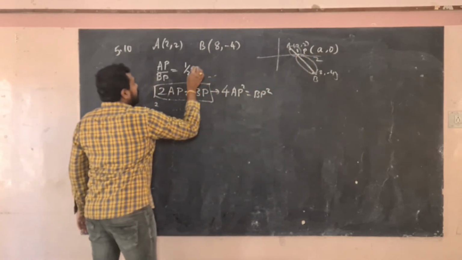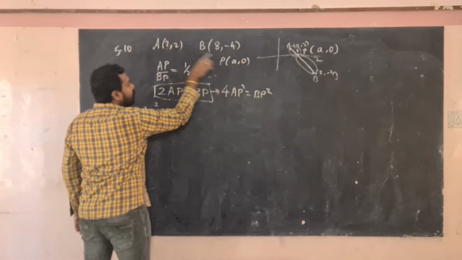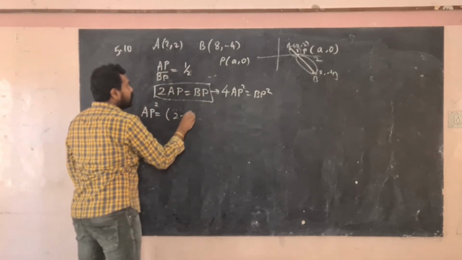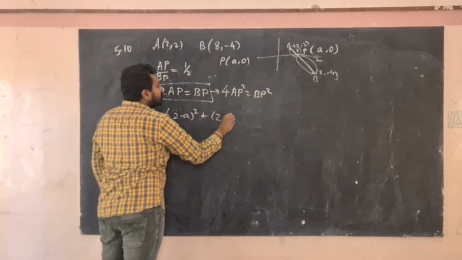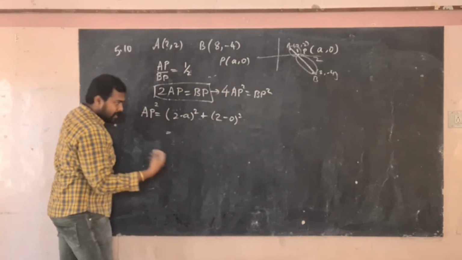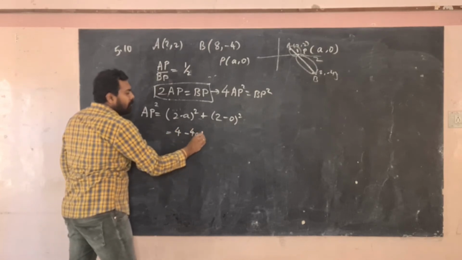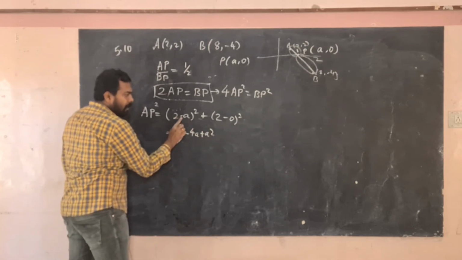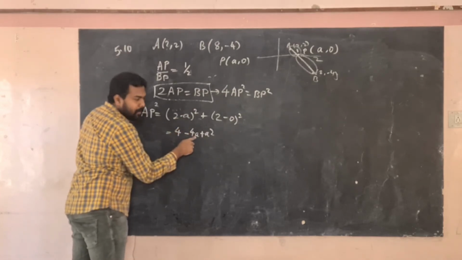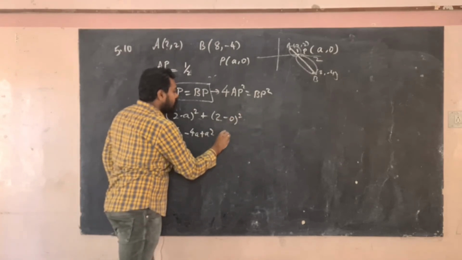So P is (a, 0). So AP square is (2 minus a) the whole square plus (2 minus 0) the whole square. Expand (2 minus a) the whole square: 4 minus 4a plus a square, using the formula (a minus b) the whole square is a square minus 2ab plus b square. 2 minus 0 is 2, and 2 square is 4.